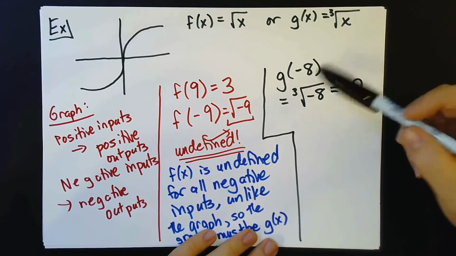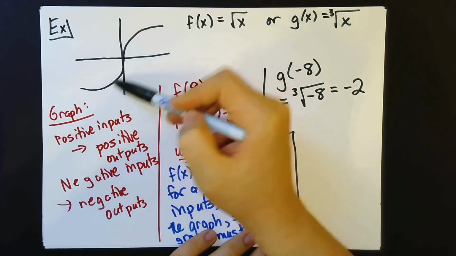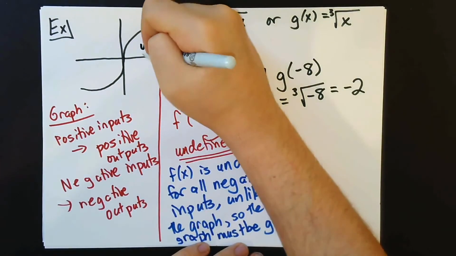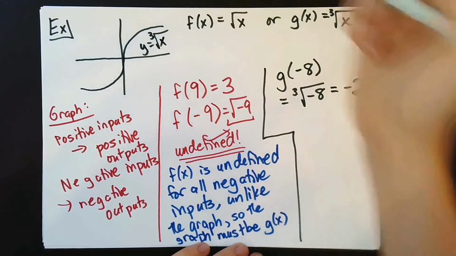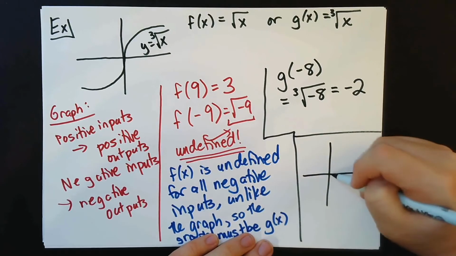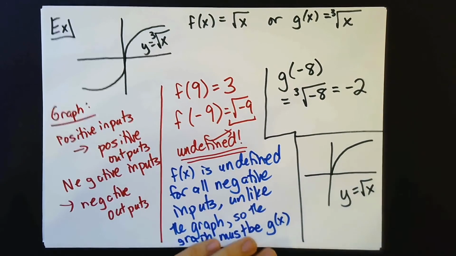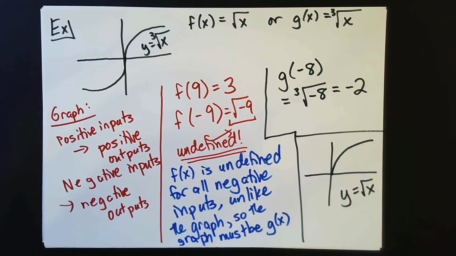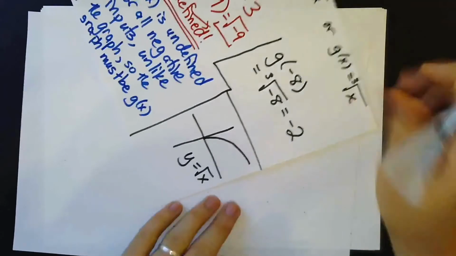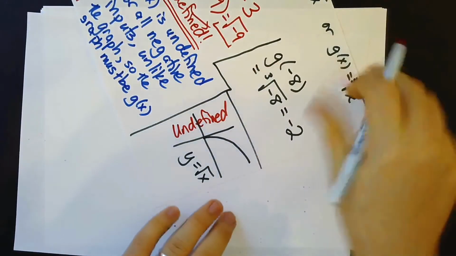And so the graph of cube root of x ends up having this tail over here, unlike the graph of square root of x, which looks like this. And there's this blank void over here, and in this blank void, we're seeing that the function is undefined.